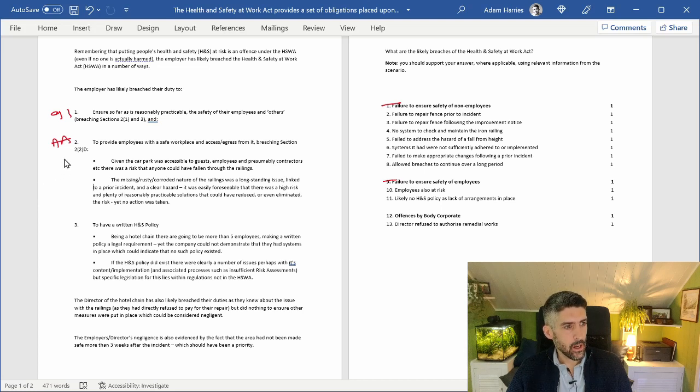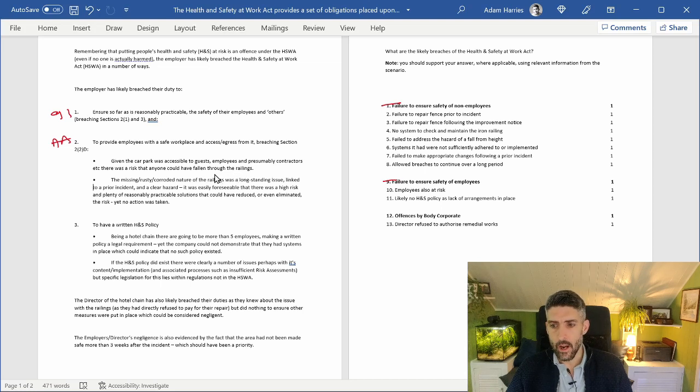So here, nestled under item number 2 on the answer, are a couple of sub-bullet points that provide information from the scenario. This is where there's the opportunity to gain more marks. Let's read the first sub-bullet point. Given the car park was accessible to guests, employees and presumably contractors, etc., there was a risk that anyone could have fallen through the railings.